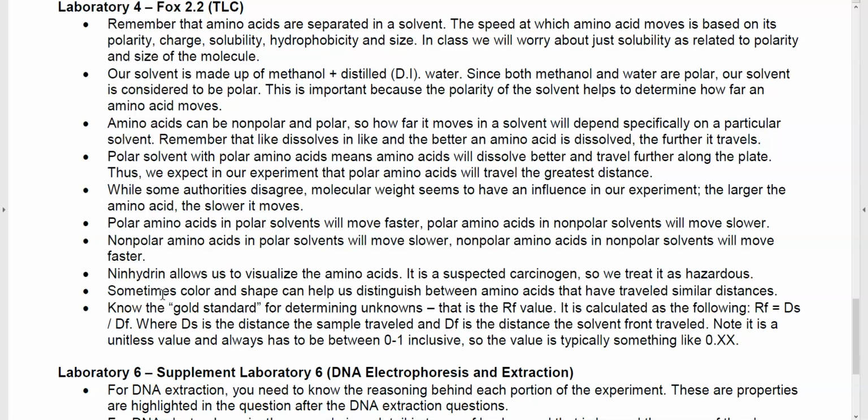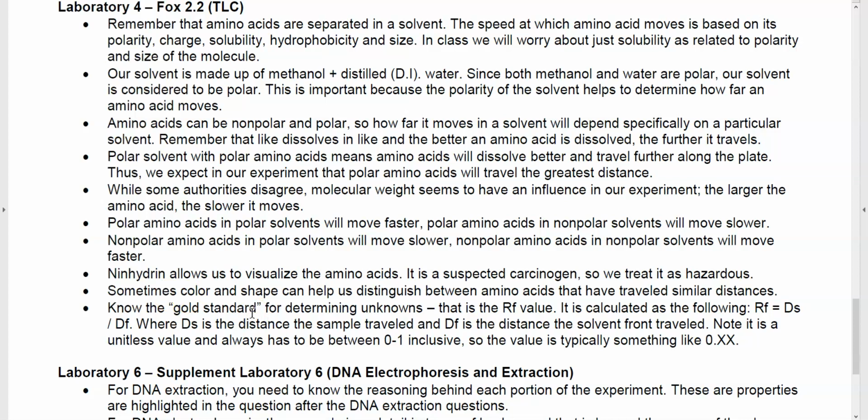Sometimes on a plate, you can get an idea of the amino acid just by the color and shape of the spot. And I think on that little worksheet I had posted on Canvas, you can see those differences just by the color and shape of the spots in some cases. Not all, but some are very different.